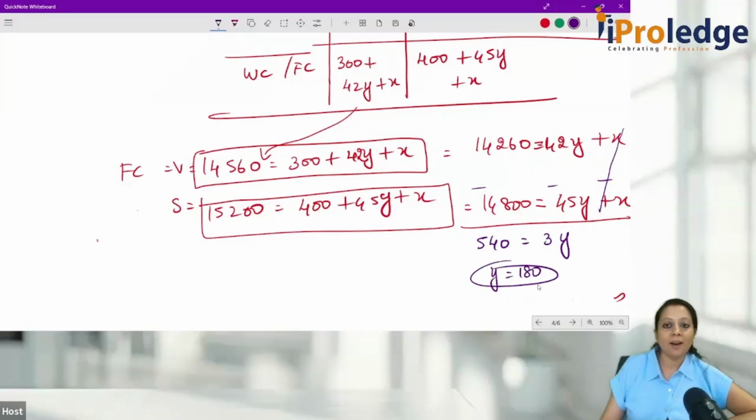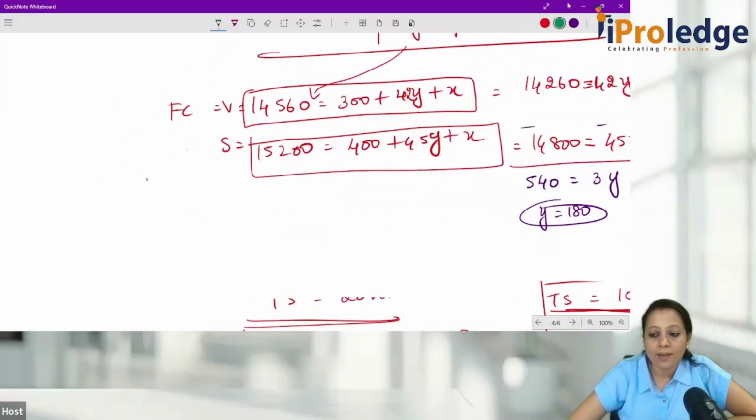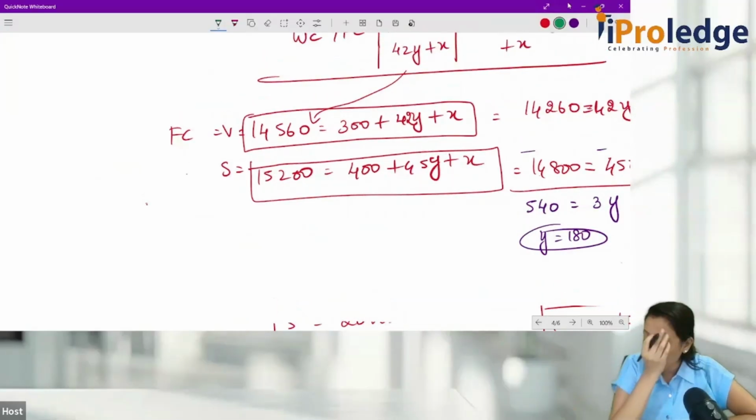That means direct labor cost per hour is 180. Shall we proceed here? So then they want X, direct material cost, which is point number 1.